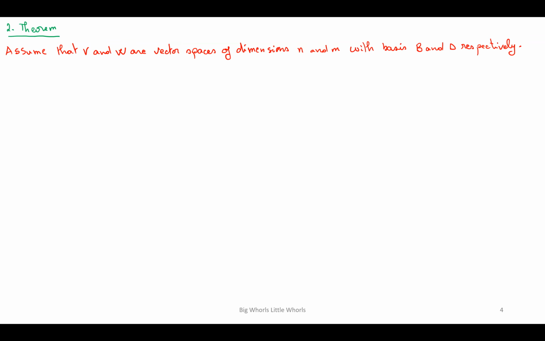Respectively. And you're going to suppose that the map H defined from V to W is linear.